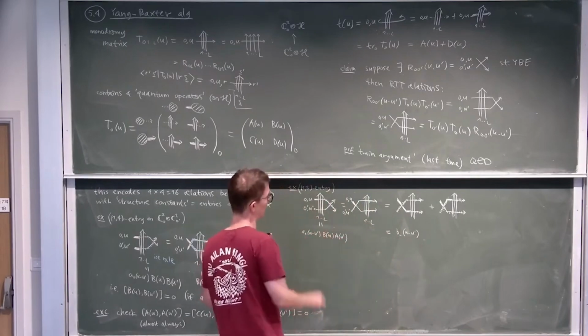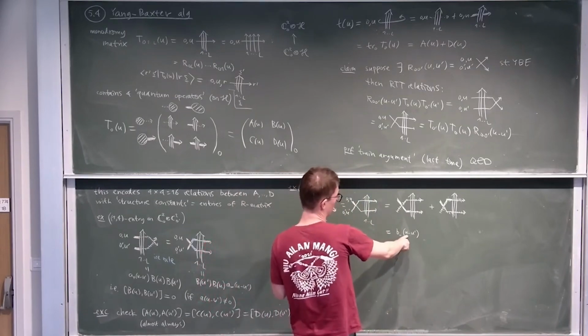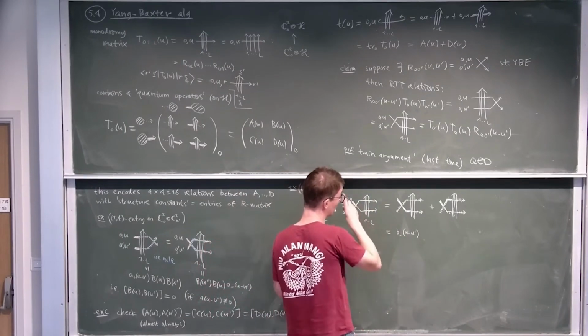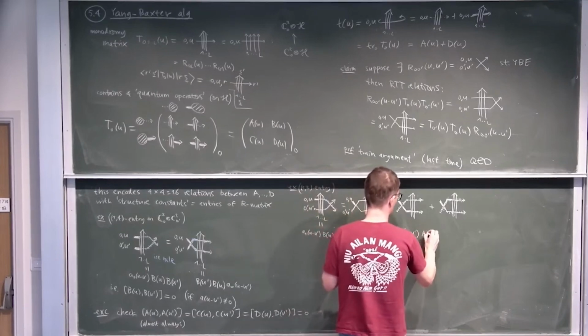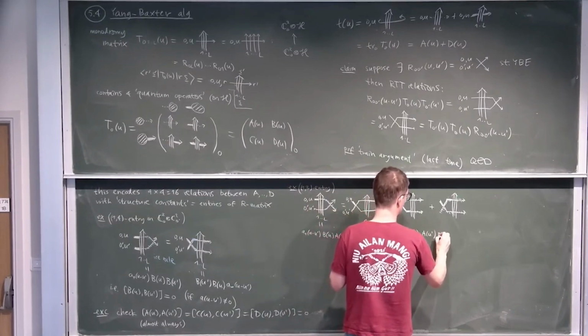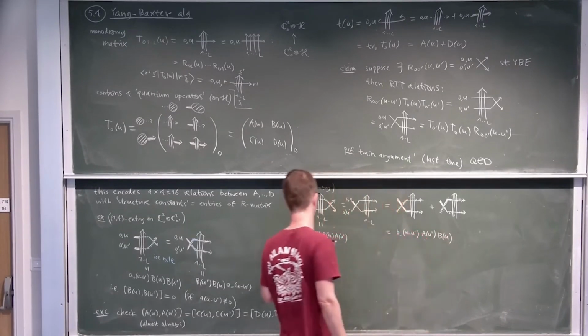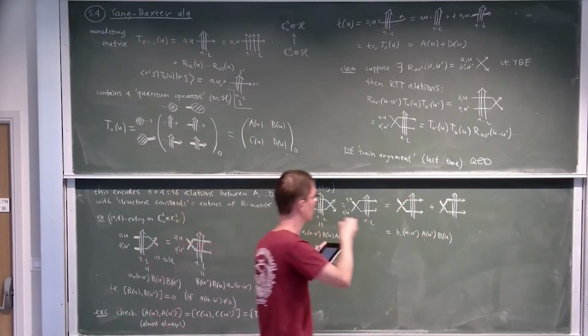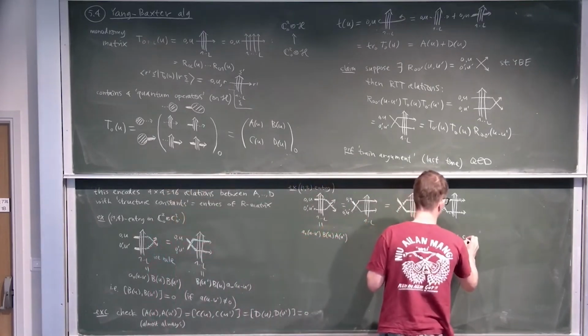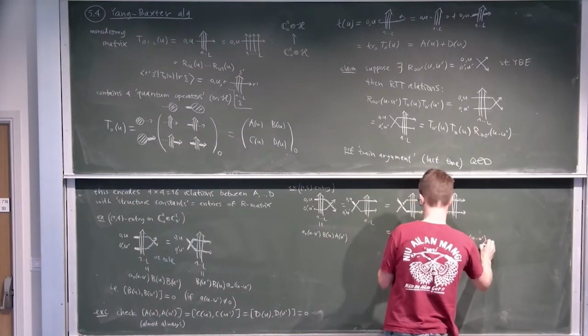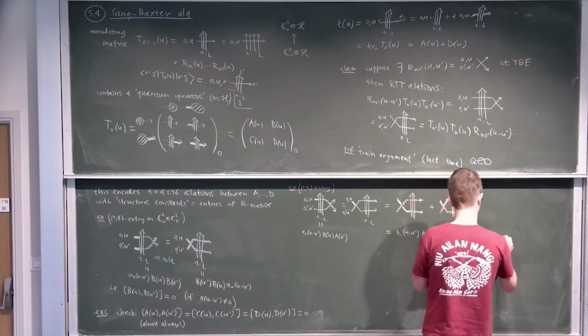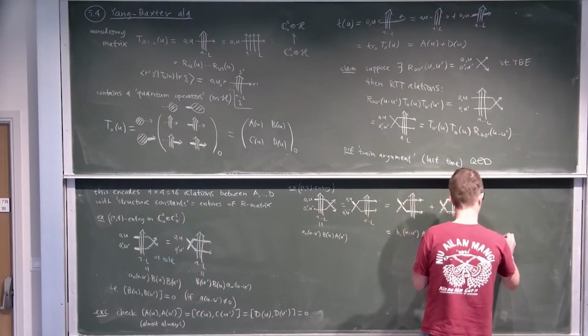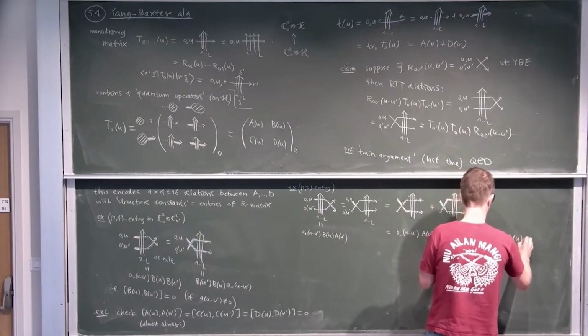Let me just write it in front because it's just a constant function, so it commutes with all the operators. Then I have an A operator of u prime, and then a B operator of u. Or I have the C minus vertex, u minus u prime, and then B of u prime, A of u.